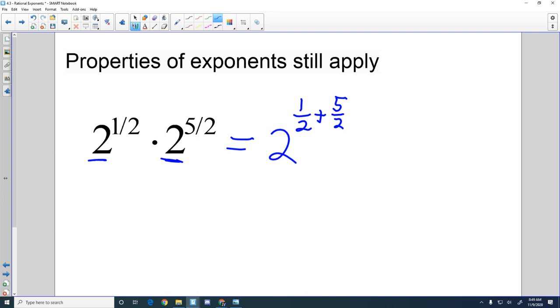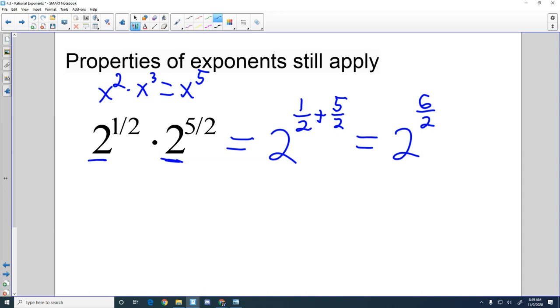You add exponents when you multiply the same base. Like if I had x to the second, just as an example, x to the second times x to the third equals x to the fifth. You would add the 2 and the 3. If they're fractions, you still add them up. Now, when you add fractions, you do need to have a common denominator. Luckily, we do, right? 2 over 2 over 2. So you just add up the numerators. In this case, 1/2 plus 5/2 is a total of 6/2.